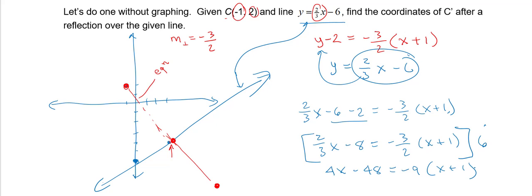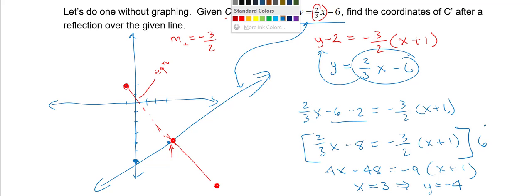And then I can solve that pretty easily for x. x should end up being equal to 3. And the y value, if I plug it back into one of the equations, is going to be equal to -4. So this point right here, let's change the color to green, this point right here is going to be 3, -4.